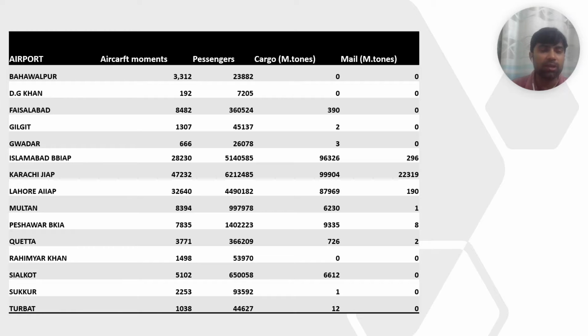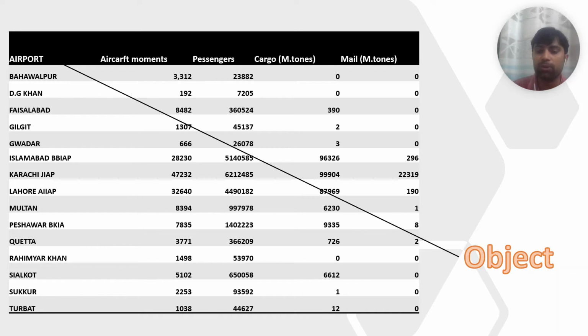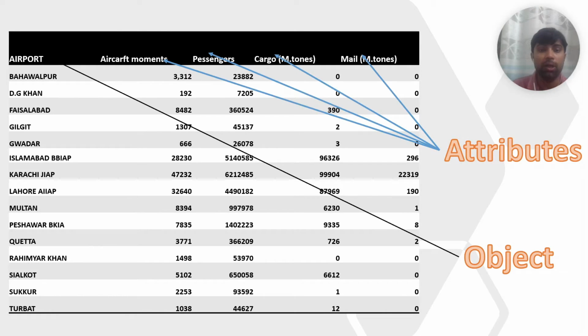Here is another example. I have a data set about an airport. Here you can see the airport is basically the object. The attributes of that object are aircraft movements, passengers, cargo, and mails that they send to other people.